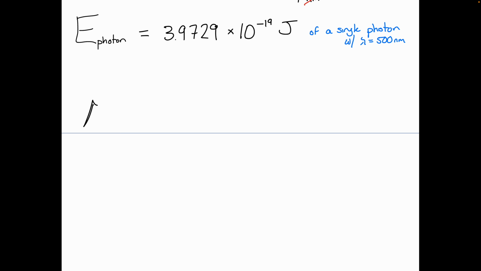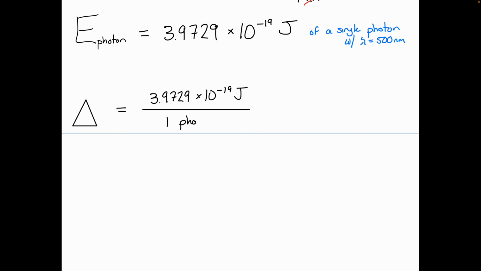All right, our crystal field splitting energy here is going to be equal to that 3.9729. That's how many joules are in one photon.